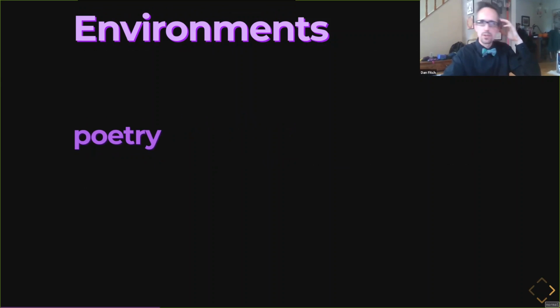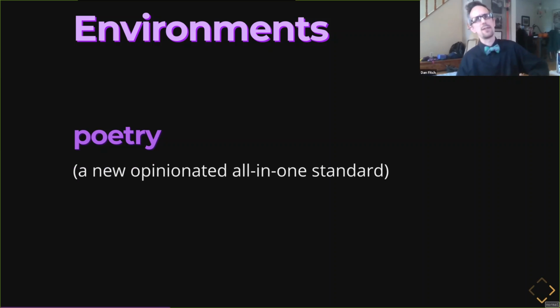And then there's this new thing called Poetry. Nate in the chat says pyenv-virtualenv on his laptop and Miniconda on the server. Yeah, I've been mostly doing that, but I've started experimenting with Poetry, which is a very opinionated all-in-one tool. Once you've got it set up, you have a Poetry file that lists all your dependencies. And then there's one command that you run everything through, poetry run whatever, or poetry add whatever, and it takes care of all of the things, but it assumes you want to do it a certain way.